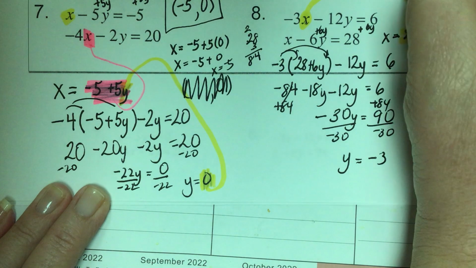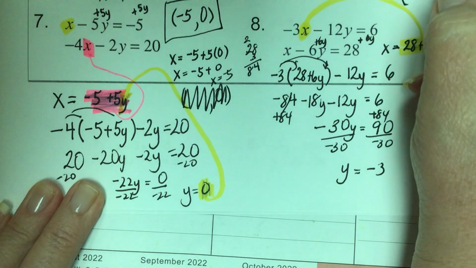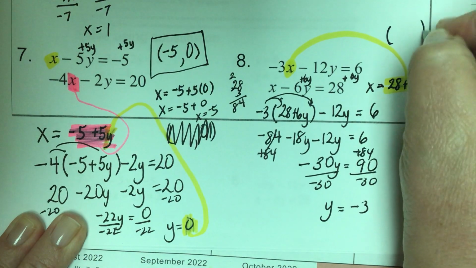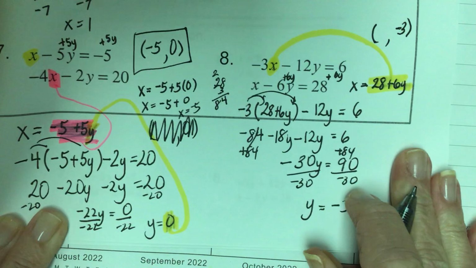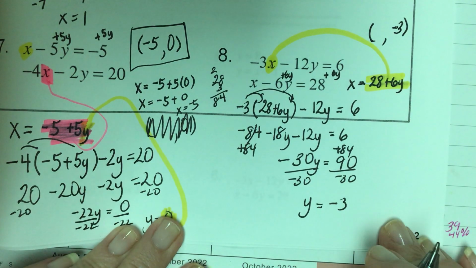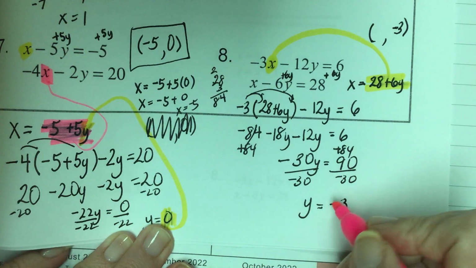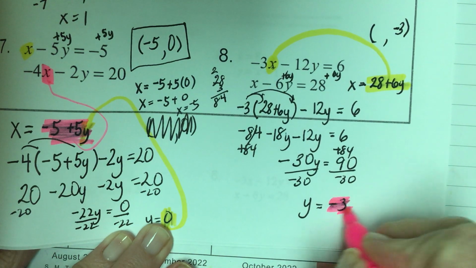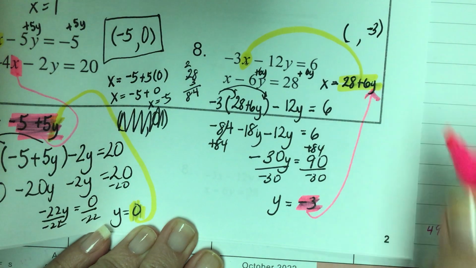Okay, so y, oops, you can't see that. Y is going to equal negative 3. Now I'm going to take this answer that I just got, this negative 3. I'm going to take it back to here.